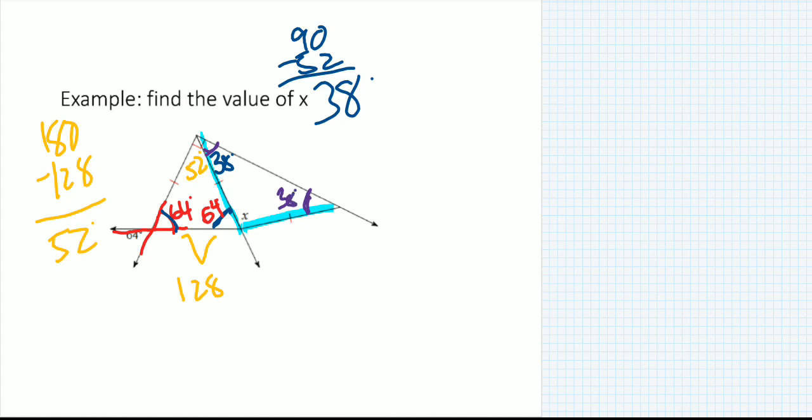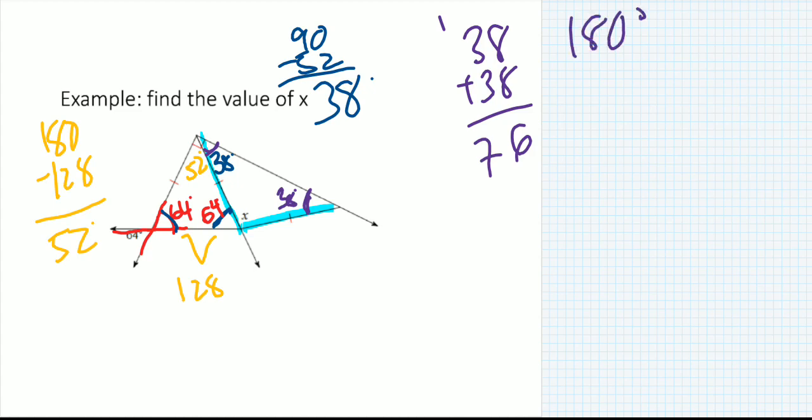Now just to figure out x, since it's inside the triangle, I can just do 38 times 2, and that's going to give me 76. And I know a triangle always has to equal 180 when I add the angles together, so I just subtract that from 180, and it's going to be equal to 104 degrees. So right there, that's what x is equal to.